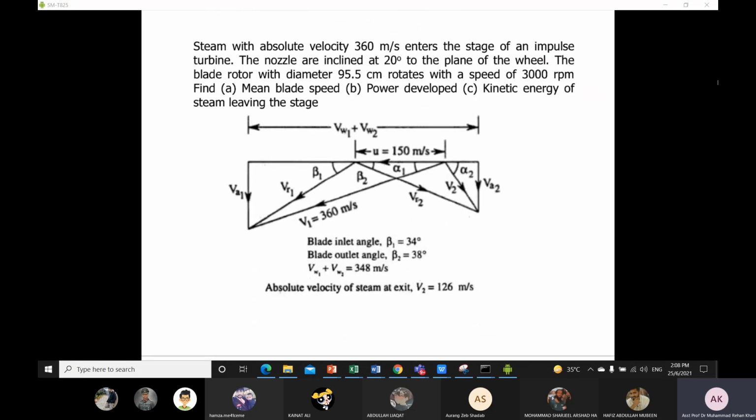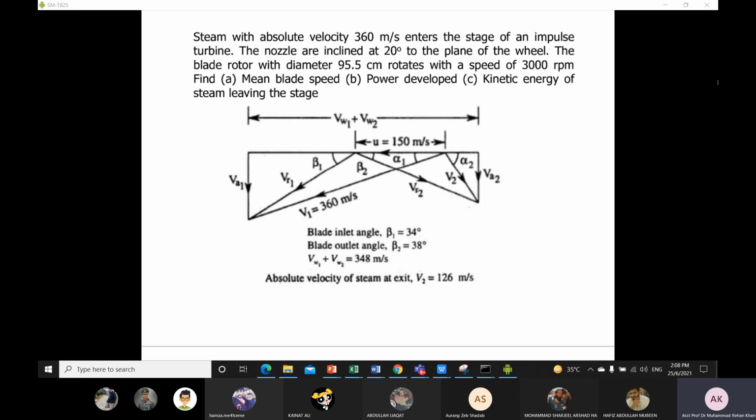Coming towards the first question, related to the combined velocity diagram. The steam with absolute velocity 360 meter per second enters the stage of an impulse turbine. The nozzles are inclined at 20 degrees to the plane of the wheel.